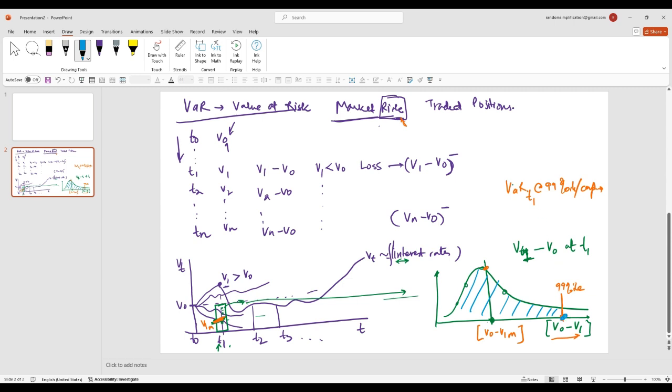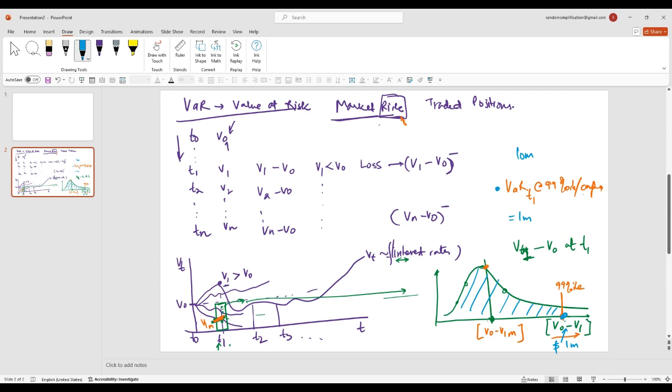So this is the VaR level. Let's say you have a portfolio of 10 million and your VaR at 99 percentile is 1 million, which means this value is 1 million. You would say that for 99% of the times you would expect to make losses which are lower than this level.